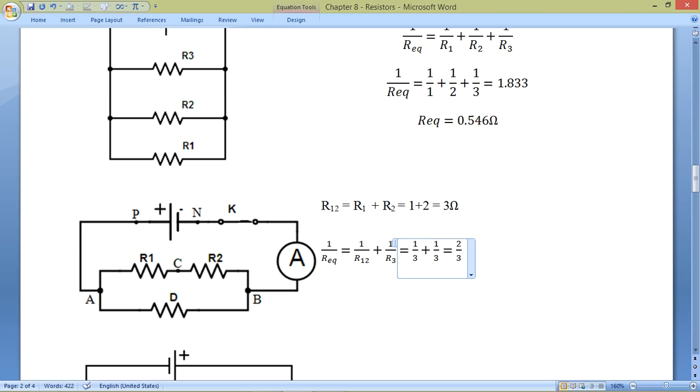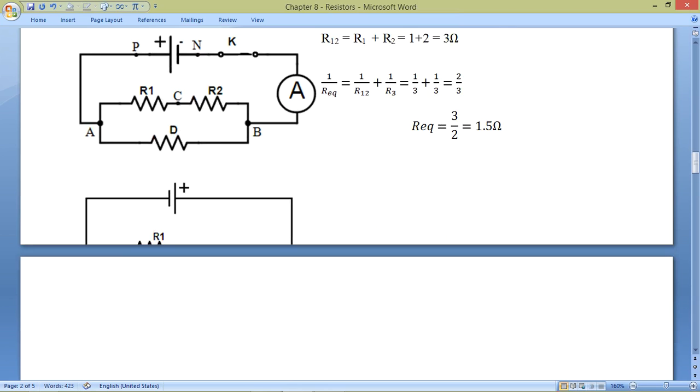Now we calculated 1 over R equivalent and not R equivalent itself. So we need, as we said before, to take the reciprocal of this number. So R equivalent is equal to the reciprocal of 2 over 3, which is 3 over 2, which is simply 1.5 ohms. This is finished.